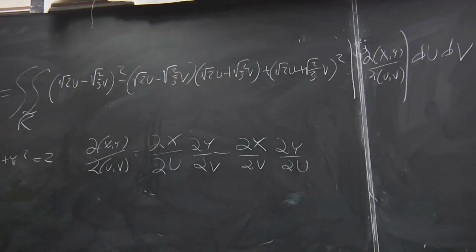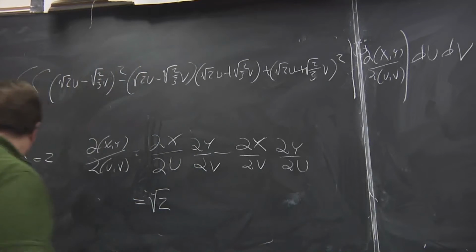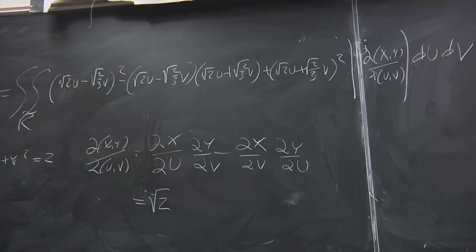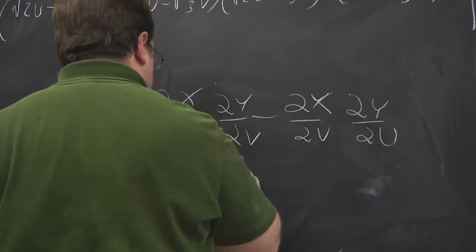In this case, the partial derivatives are pretty straightforward to compute. So what are the partial derivatives that we need to fill in here? What's partial of x with respect to u? Yeah, square root of 2. And partial of y with respect to v? Square root of 2/3. All right.